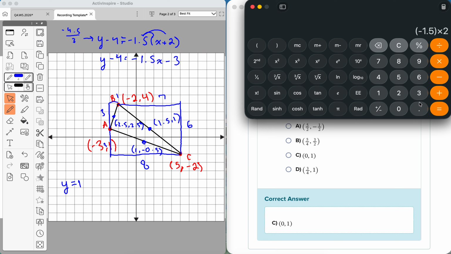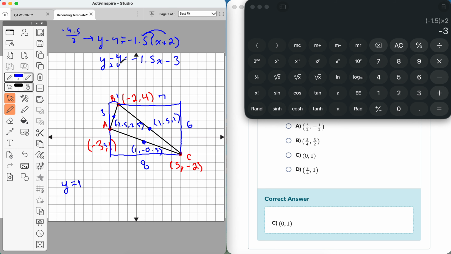I know it's right, but there, negative 3. We're going to add 4 to both sides to get this into proper slope-intercept form. And now my equation is y equals negative 1.5x, negative 3 plus 4 is 1. So that's 2 of my equations.